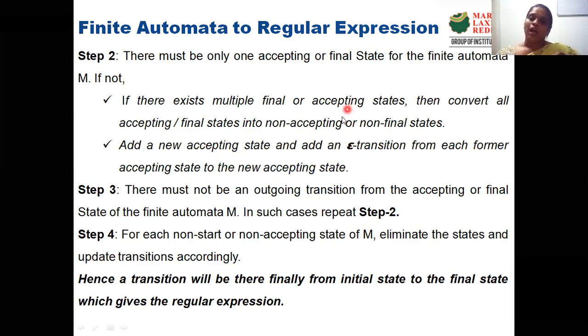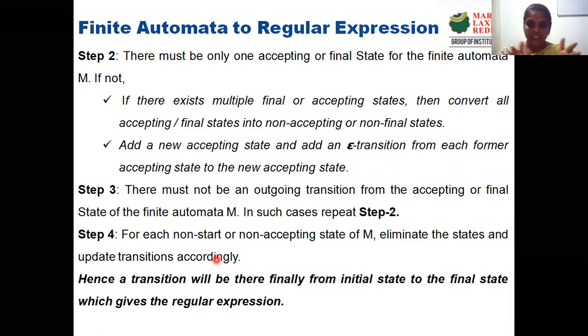After taking these steps, the initial state does not accept any incoming transitions and the final state does not have any outgoing transitions.